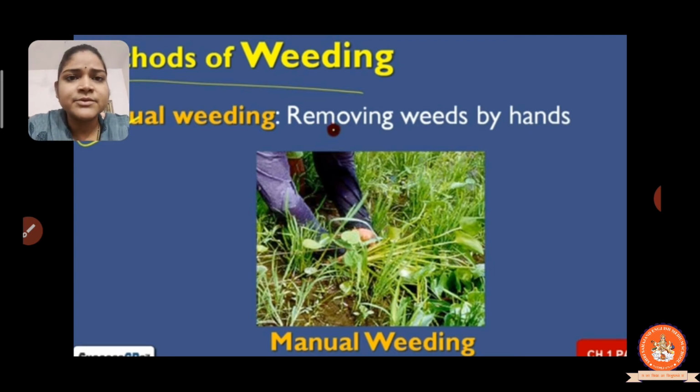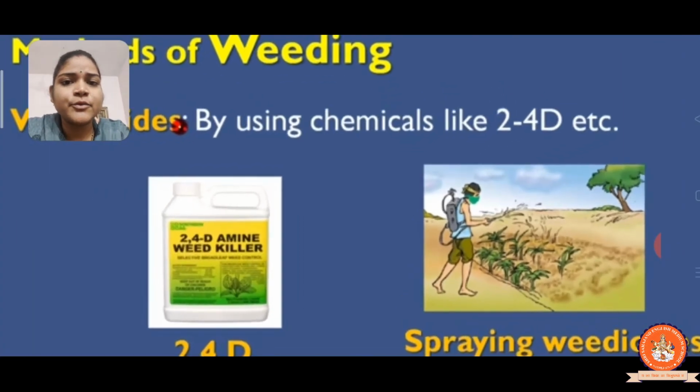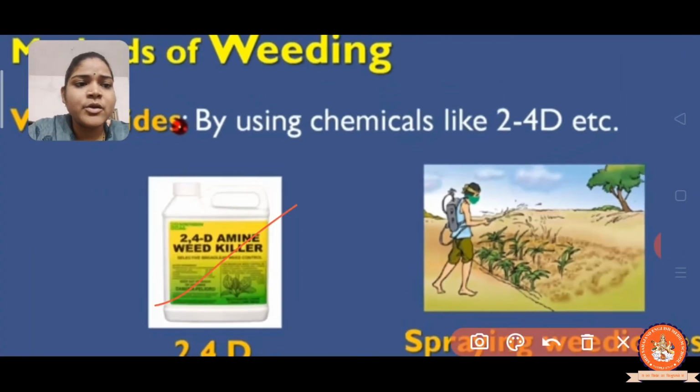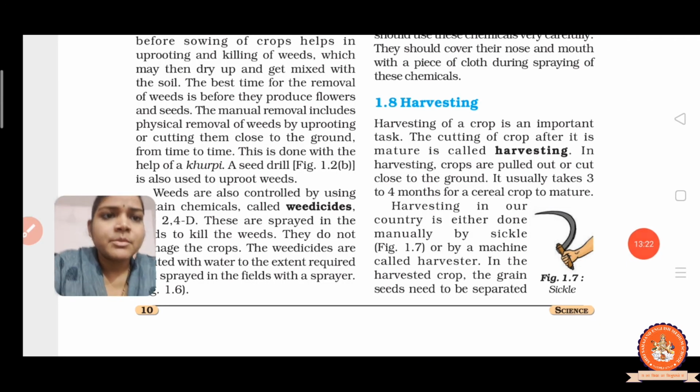So nowadays chemicals called weedicides are used. Weedicides are chemicals that remove the weeds and do not damage the main crop, such as 2,4-D. Here you can see the chemical 2,4-D being sprayed over the crop, and it does not damage the main crop.